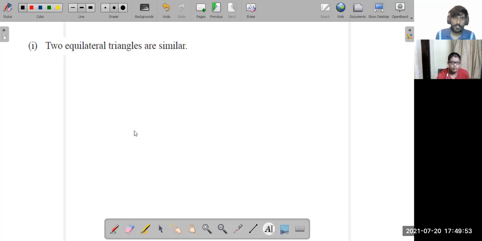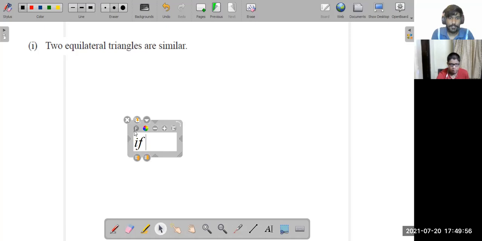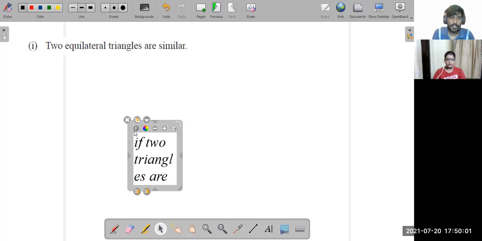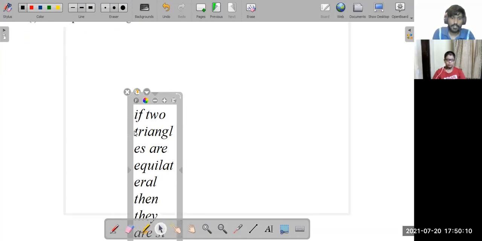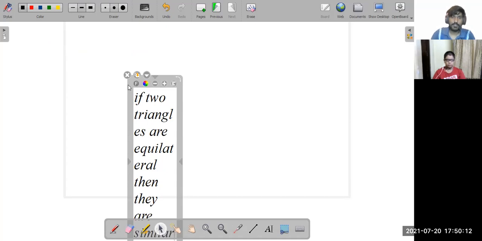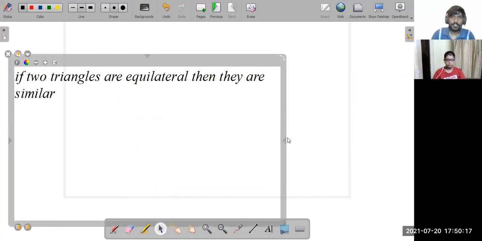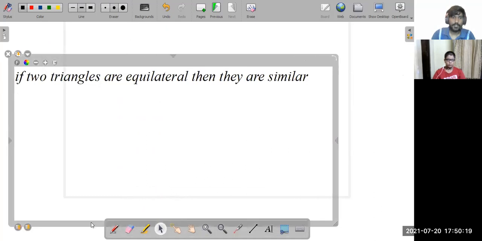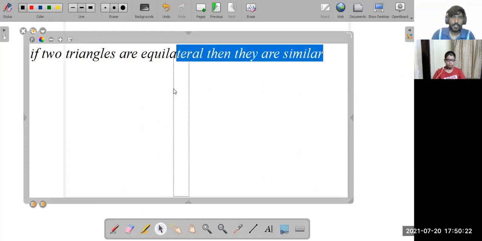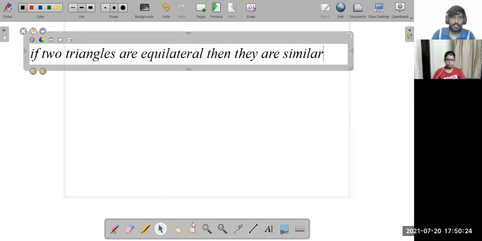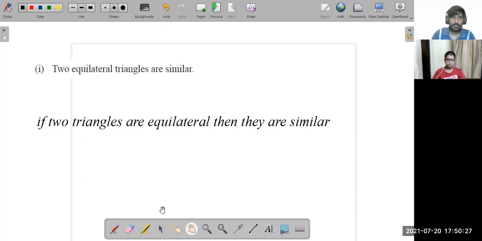I'll just write it. If two triangles are equilateral, then they are similar.